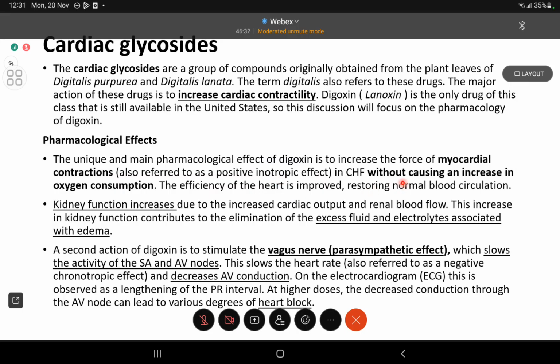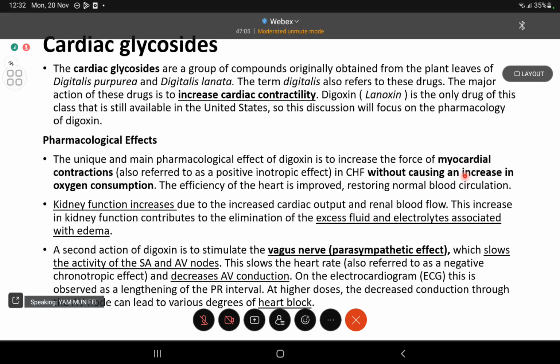Another advantage of this drug is that even though it causes contractions, the contraction will not cause an increase in oxygen consumption. Why? Because this drug does not increase the number of contractions, only the force of contractions.